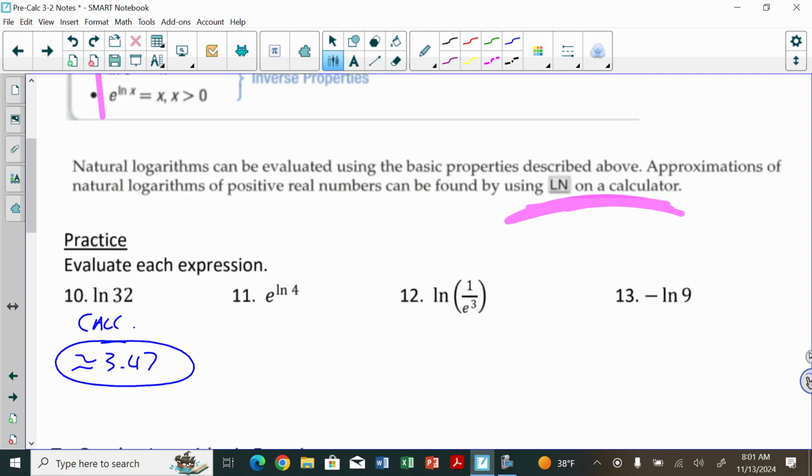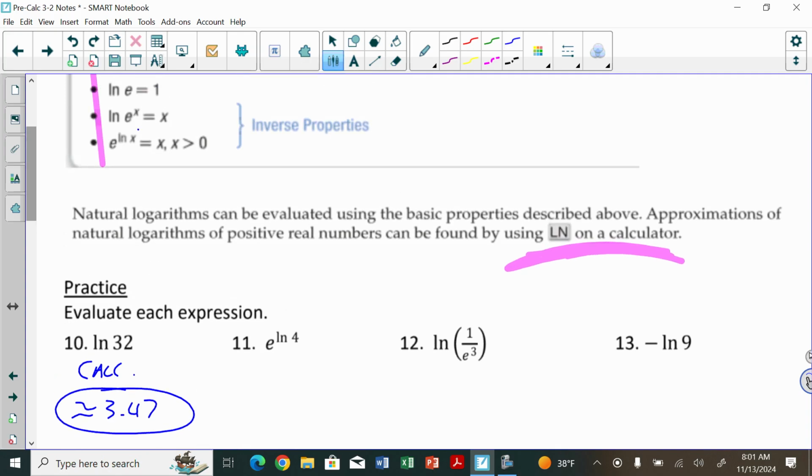Number 11, we can say this is e to the natural log of 4 power, so that is this property up here. I know right away that this is going to be 4, because e to the natural log of something is the something in the exponent.